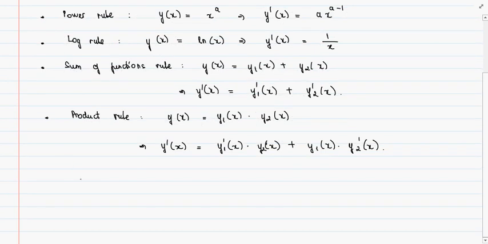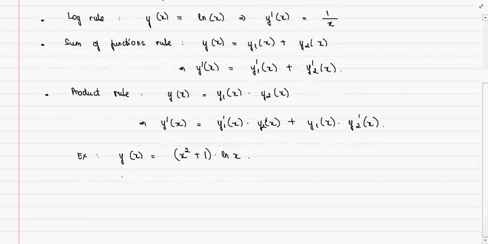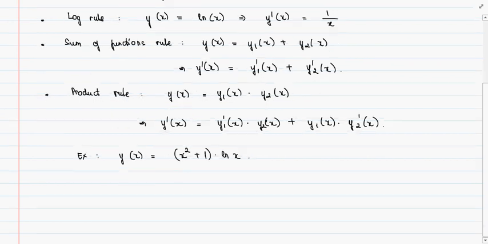Okay, so for example, if I have y as a function of x squared plus 1 multiplied by log of x, and I want to differentiate this function with respect to x, what do I get?